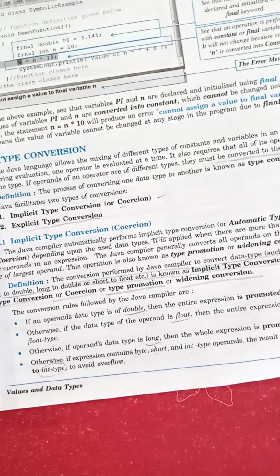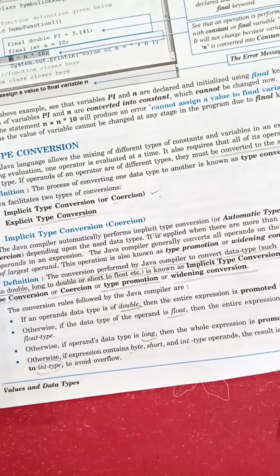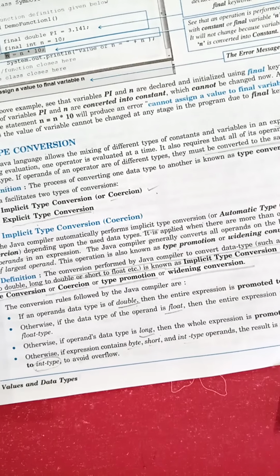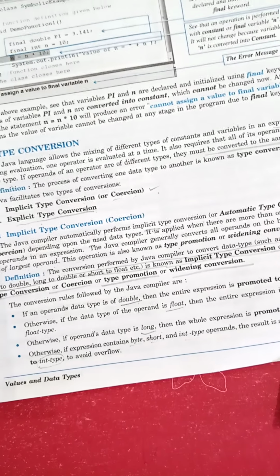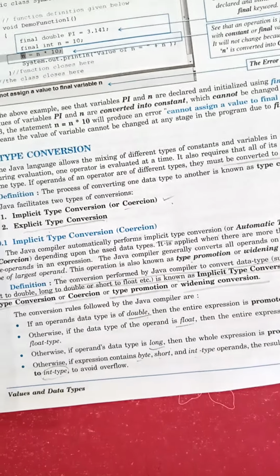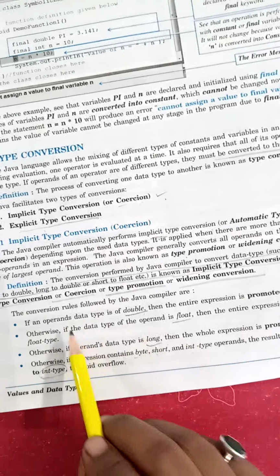Suppose one expression has float, double and integer, different data types. Whenever you execute that, the compiler will convert the data type of all the operands to the biggest, that is double. Okay, here are the rules.